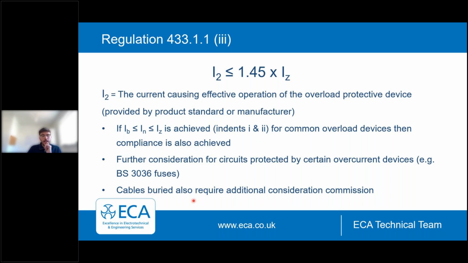Additionally, buried cables also require some further consideration, and that's covered within Regulation 433.1.203. To summarise, indent 3 is essentially another part of the puzzle to protection against overload, but where we use our most common types of protective devices, there's nothing else we need to consider, providing we've achieved the requirements of indents 1 and 2.